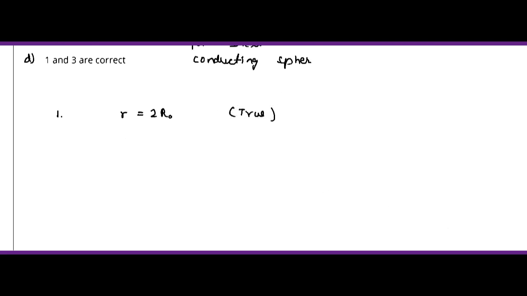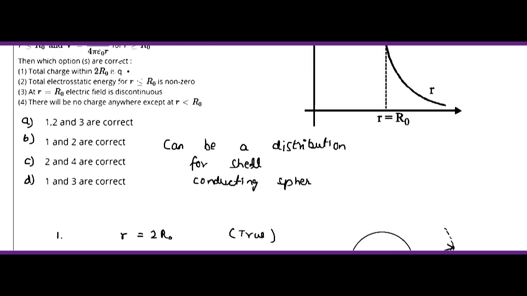Because if this is our spherical shell of radius R naught, and we are outside this shell at a radial distance of 2 R naught, then the whole charge would be inside, so the first statement is true. That means it is correct.